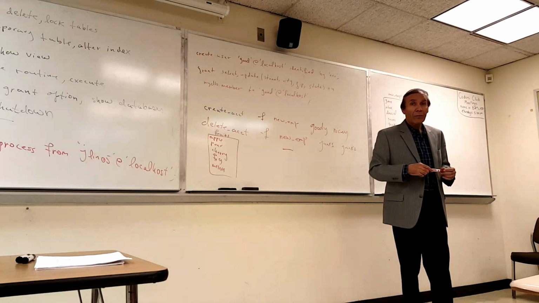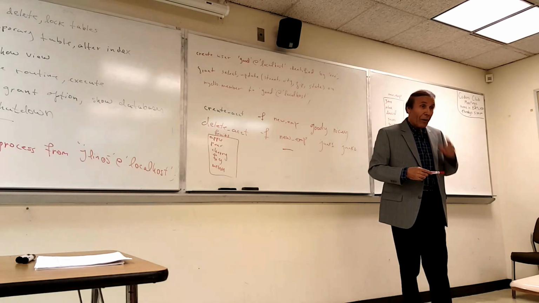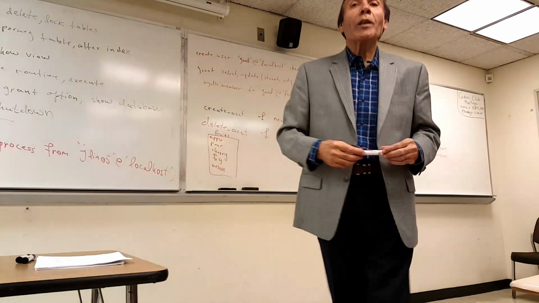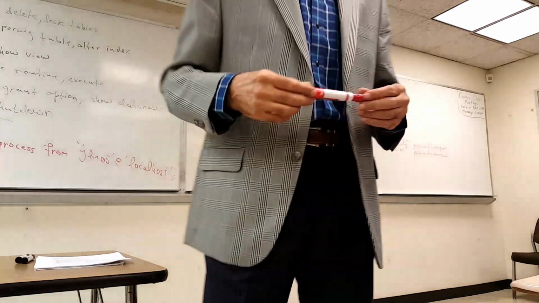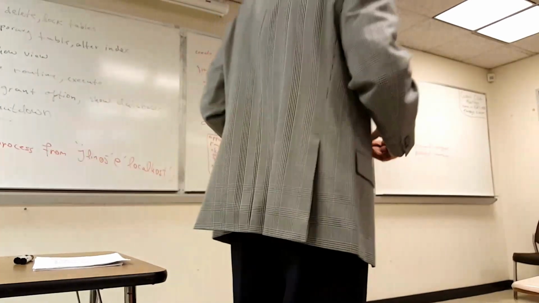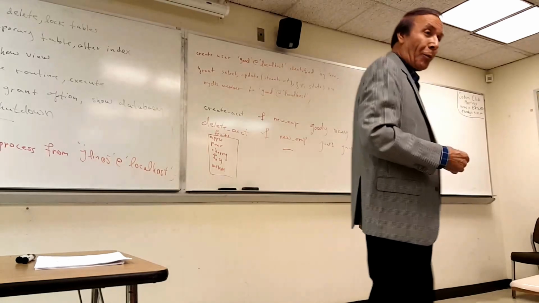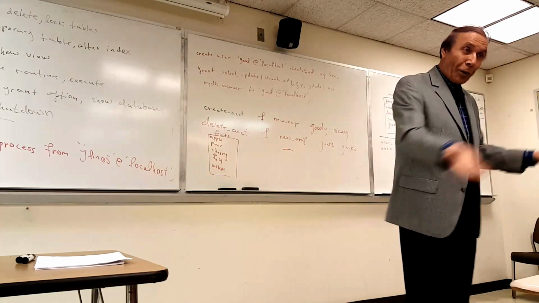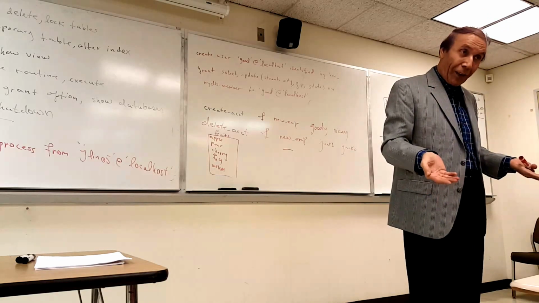Use the if not exist. What? Select what? Do you remember? Create if not exist. What was your homework assignment number 1? What was it? Show users. What did show users do? Show all of the users, right?